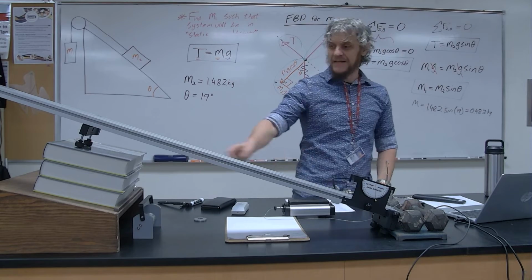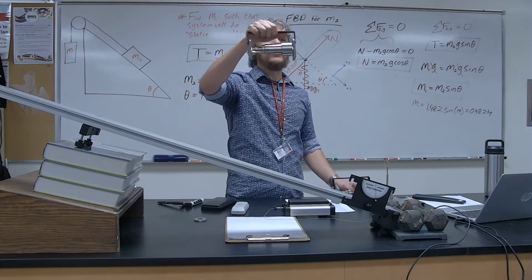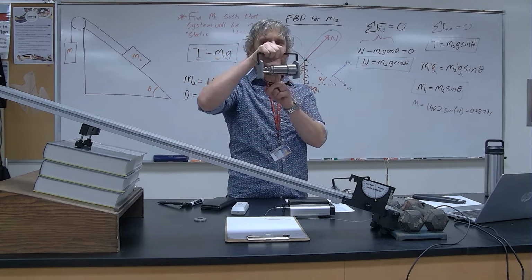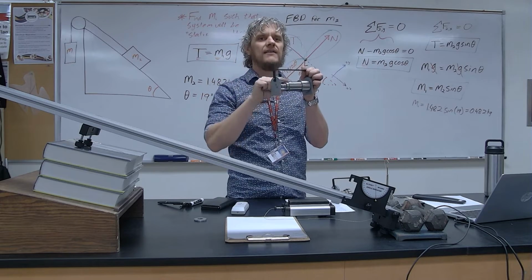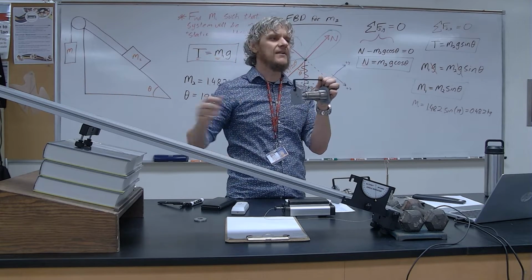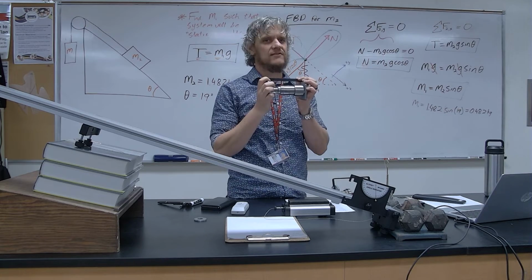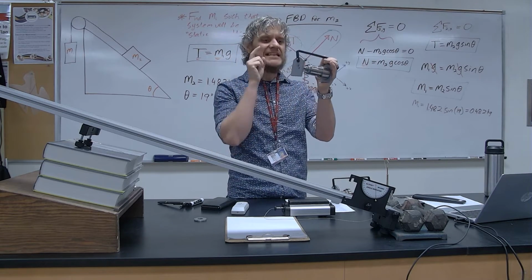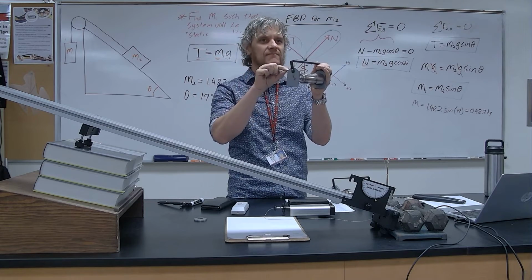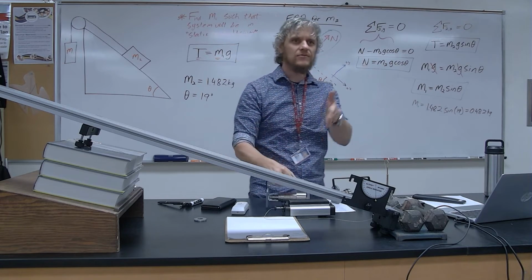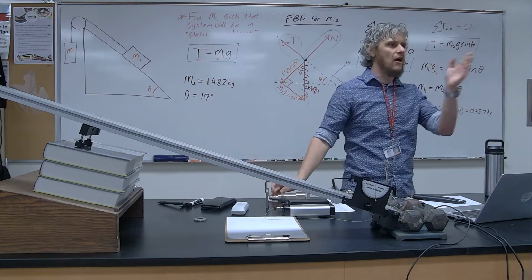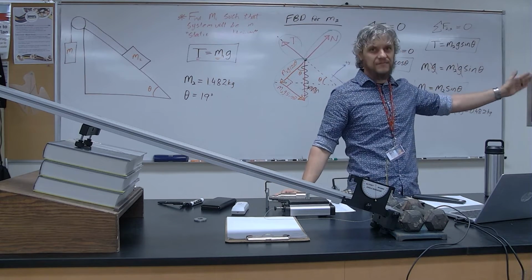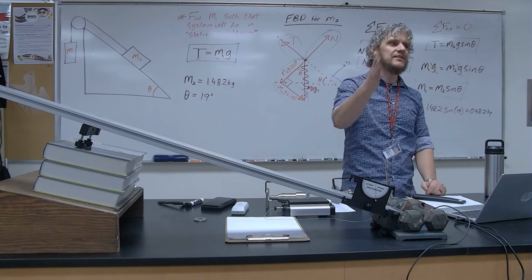What's cool about these things, and you will be using these sometime in the near future, is you cannot move these and put them on different ones. I painstakingly took days a couple years ago putting these mass sets together. They are designed to have a specific number of each type so that you can go from 0 to 1 gram to 2 gram to 3 gram all the way up to 1.5 kilograms, 1,500 grams, in increments of 1 gram.